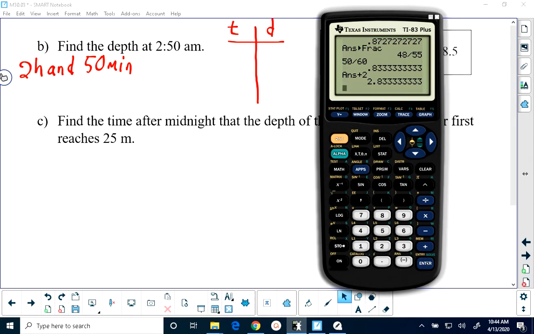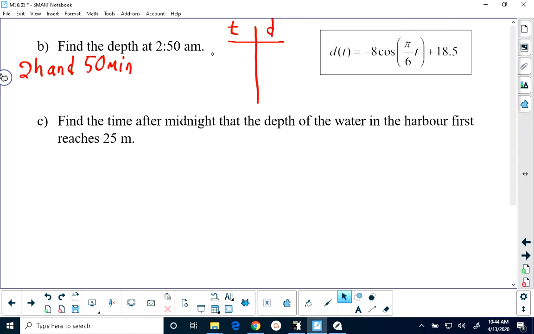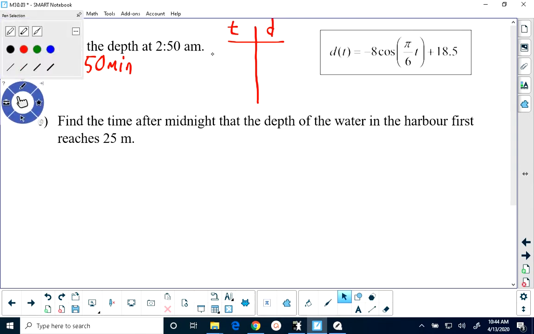So going back to my point here where I have this table, in question B, you are given a value of t of 2.83 repeating, and that's in hours, and you are asked to find the depth of the water.